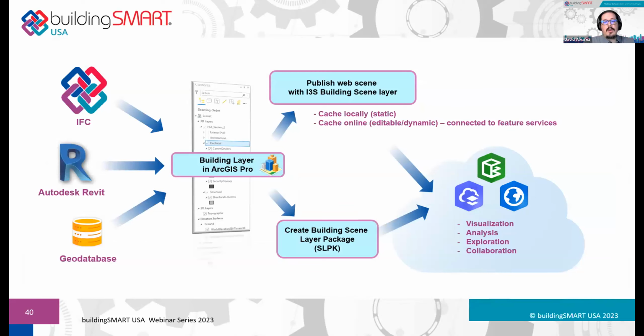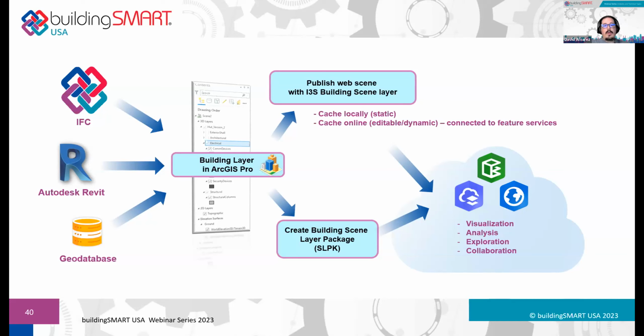So let's talk a little bit about the workflow that Posh mentioned, but in a little more detail. You have your IFC and Revit files, and let's assume they're already georeferenced, and you bring them into Pro. You have two options.